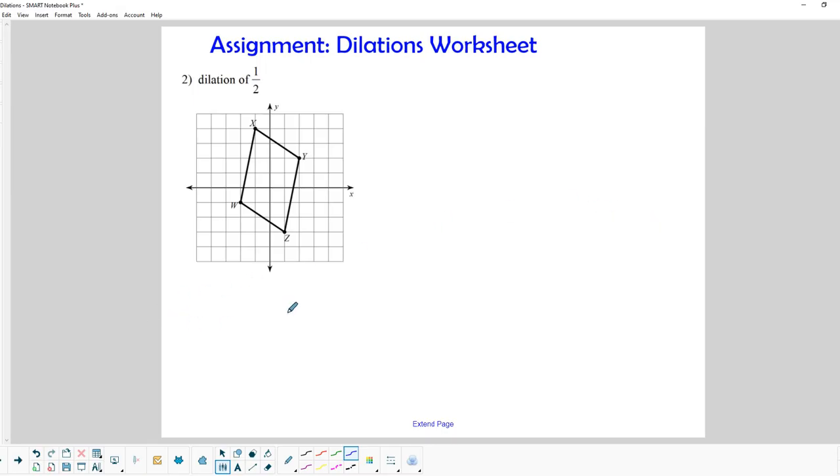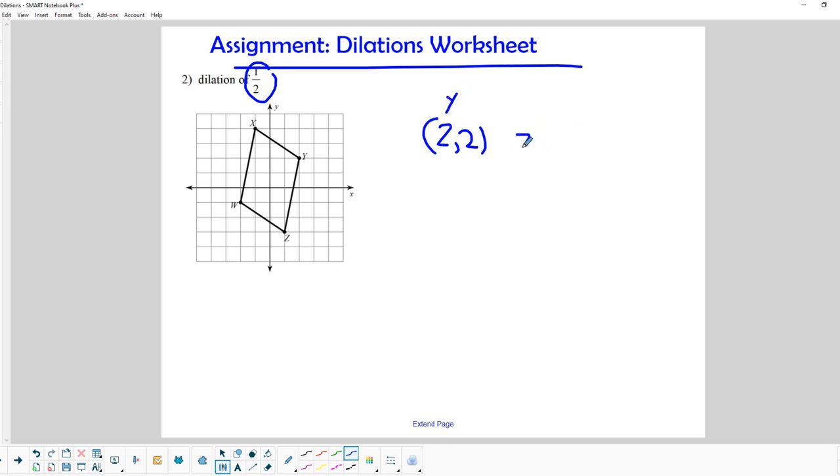All right, thank you. On this last one right here, actually, that is our assignment. We're doing the dilations worksheet. And so here's some example problems. On this first one, we're going to do a dilation of 1/2, which means we're going to multiply everything by 1/2. So if we look at our first point, 2, 2, which is y, that's our y value.